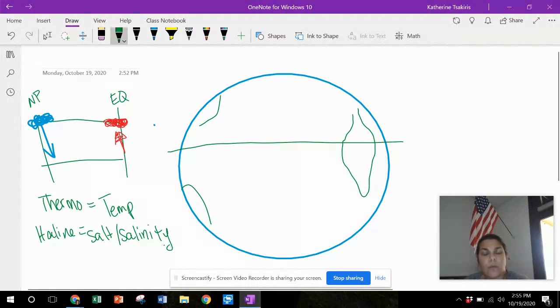Okay. So convection currents, like when we were talking about the air circulation cells, you have the warm air rising up at the equator, and then it moves across and sinks down at 30 degrees north and south of the equator. So here it's wet, and here it's pretty dry.